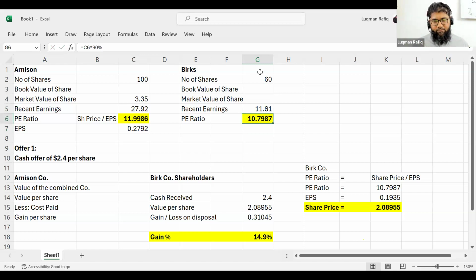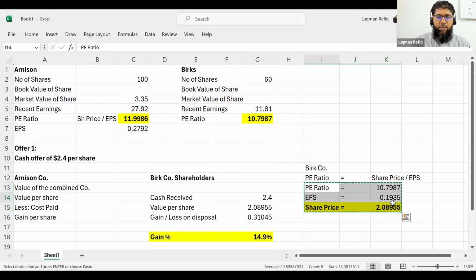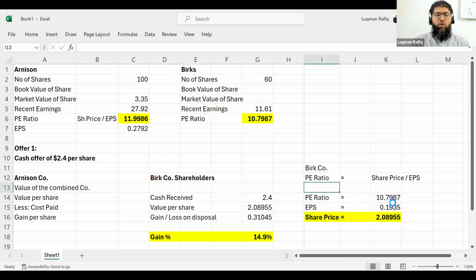Now, we did not have Burke company's share price. The formula for PE ratio is share price divided by EPS. If you rearrange the formula to make it a share price formula, it is simply PE ratio multiplied by EPS. Do you get it?